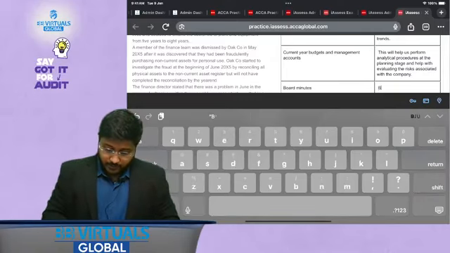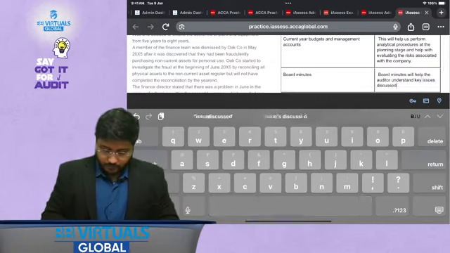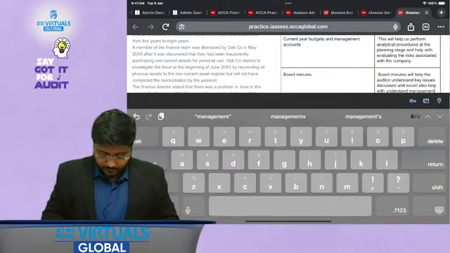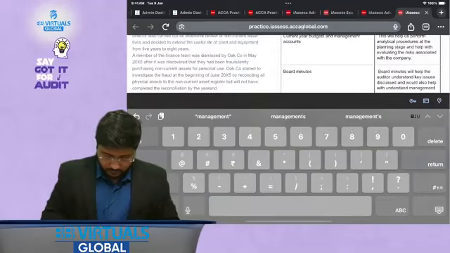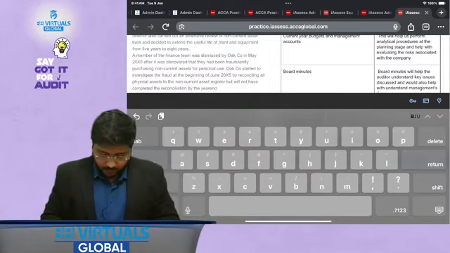So board minutes will help the auditor understand key issues discussed and would also help with understanding management's response to it.